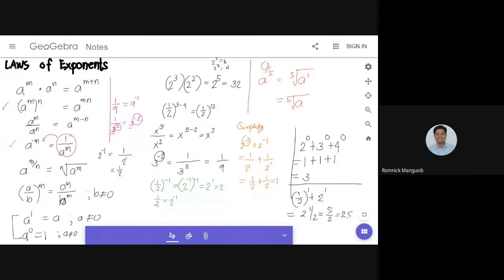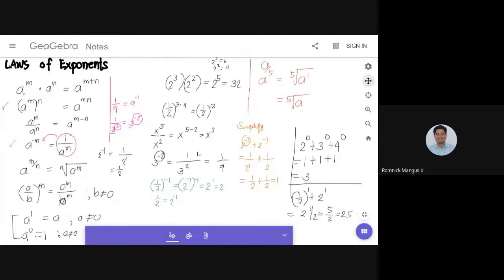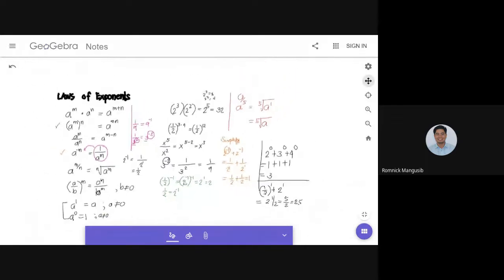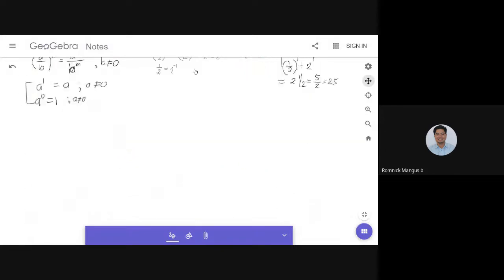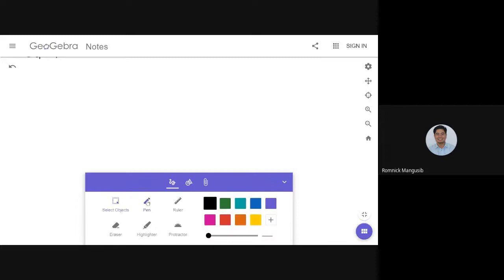And I guess we're now ready to get the, dun muna tayo sa domain and range ng isang exponential function. But a quick review on exponential function, tandaan ulit natin, masasabi mo lang na isa siyang exponential function if and only if, okay?